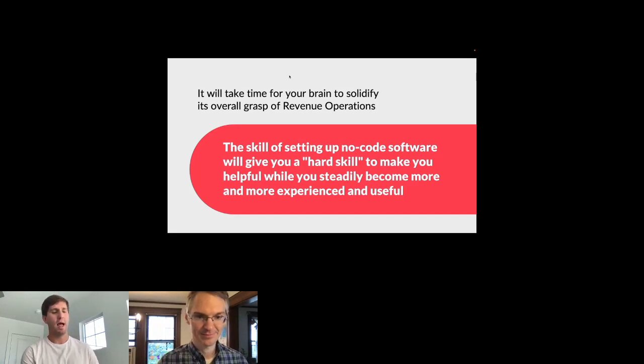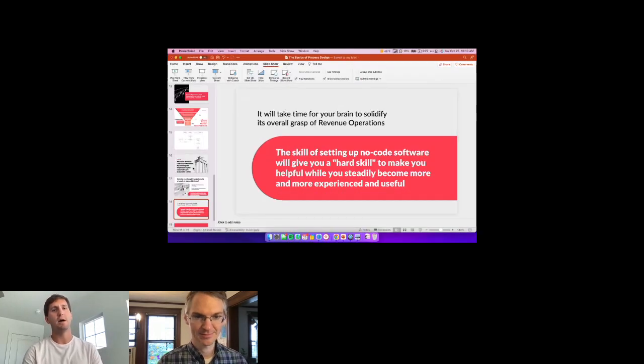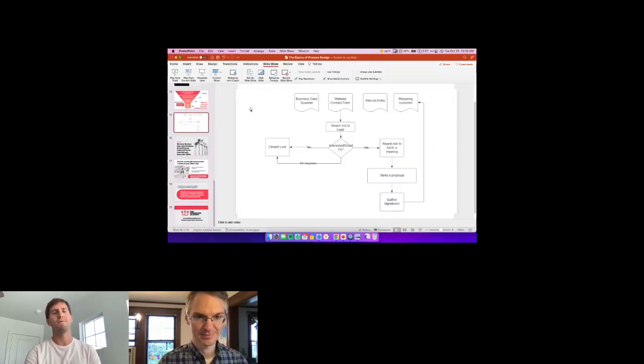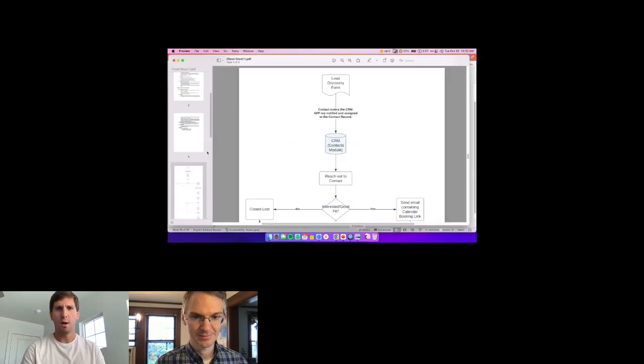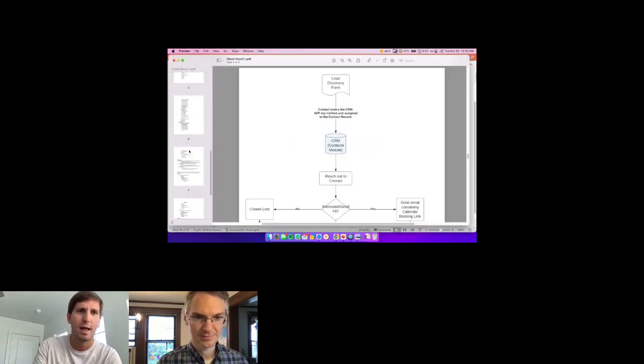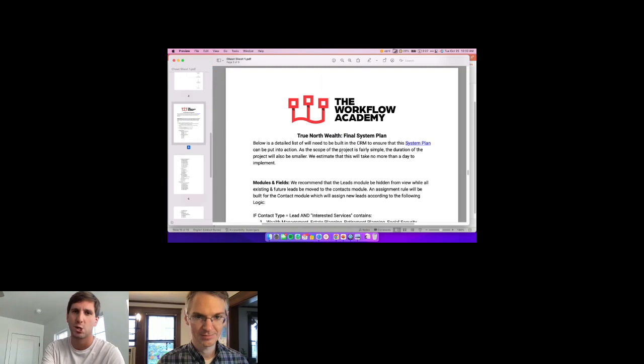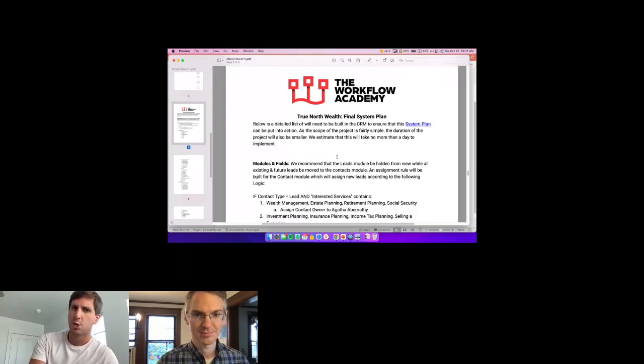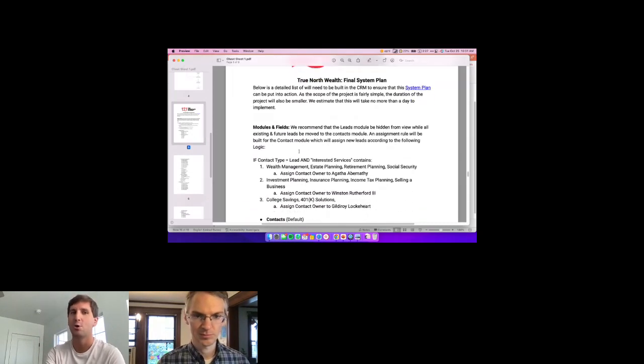So I want to talk about the idea of turning this flow chart into something that's a little bit more software tangible. I want to show off what we call a final system plan. A final system plan is where you have taken the initial system outline and digested it into actual tangible CRM steps.